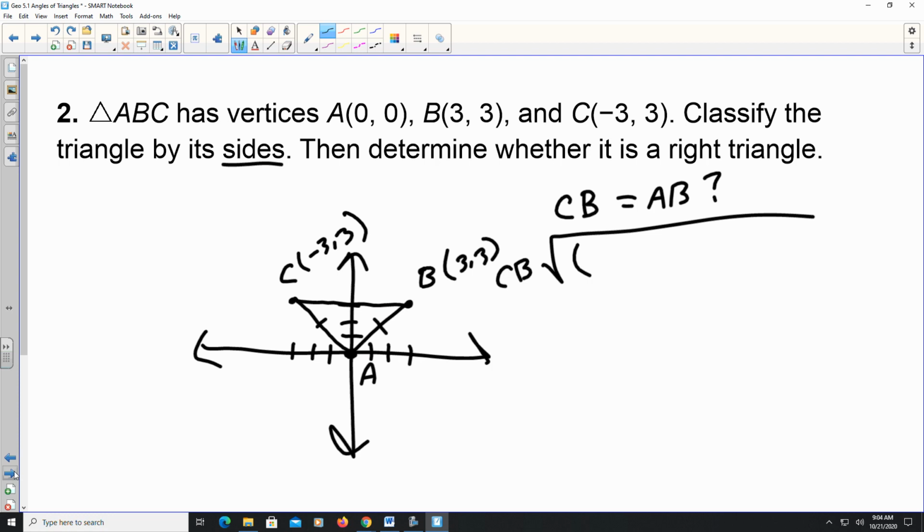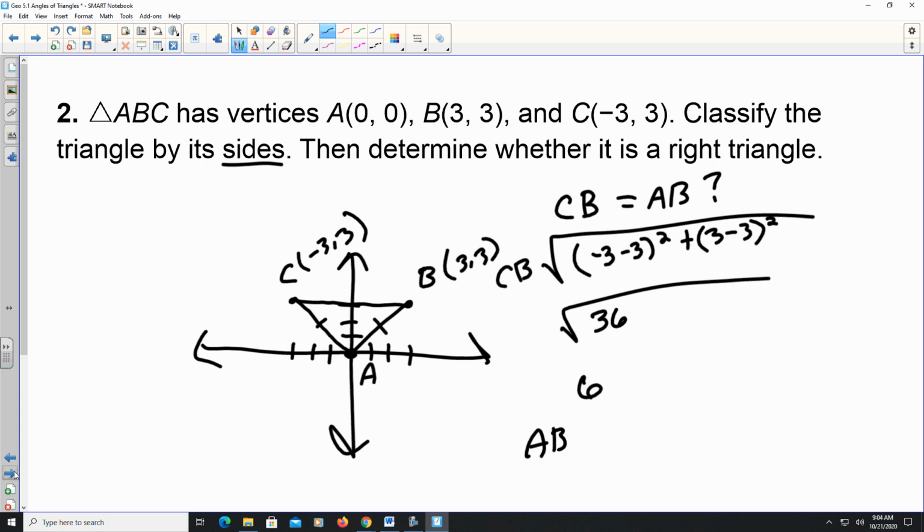This is going to be negative 3 minus 3 squared plus 3 minus 3 squared. So negative 3 minus 3 is negative 6. Negative 6 squared is 36. And this is going to be 0. So my answer is 6. So I want to see if AB is going to give me 6.